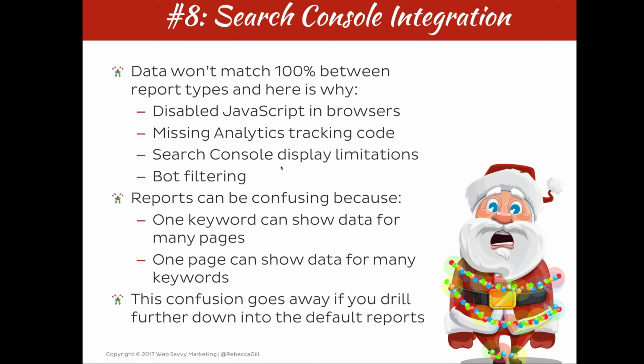And again, a few things just to remember. One keyword can show up for many pages, so you can start to see some averages. And then one page can also have many keywords. So you've got to really make sure that when you see something of importance or concern, you drill down to make sure you're truly seeing what you think you're seeing, because sometimes because of this integration, it can be really goofy.